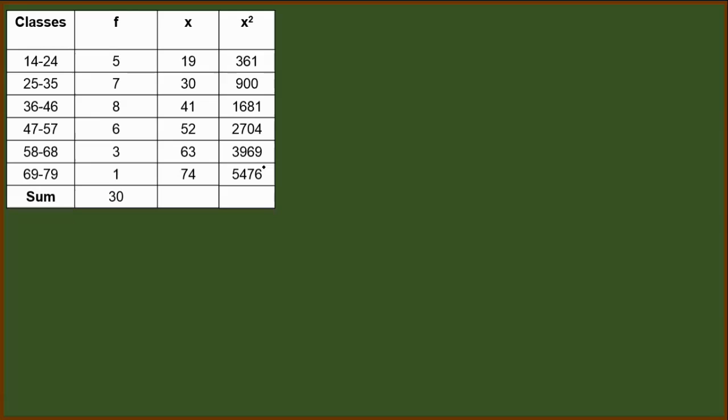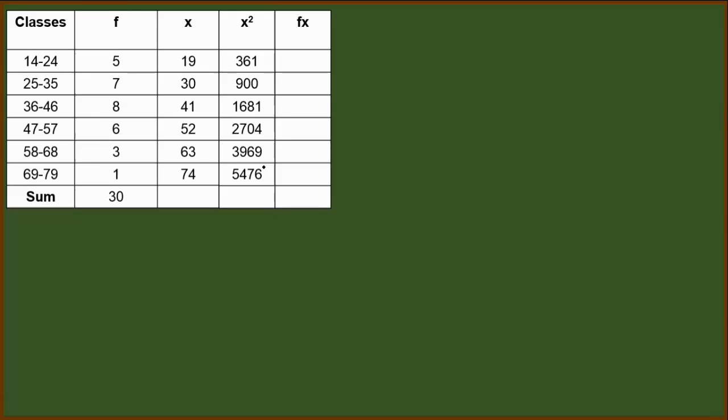Okay. Next, we add an additional column, meaning we will multiply f and x, these two columns. Why we didn't include this? Later, we will have an additional column to include this fourth column. So for now, let's focus our attention on f and x.